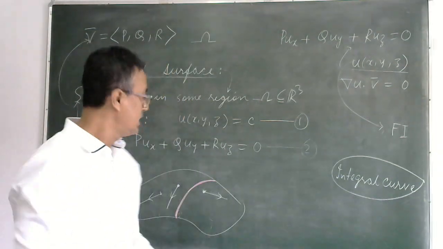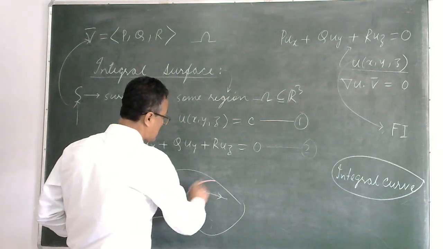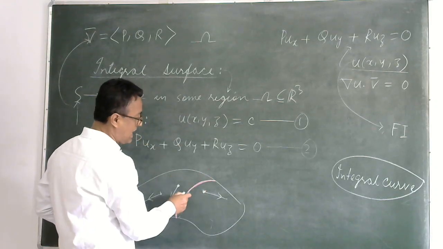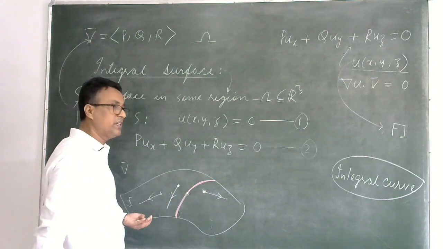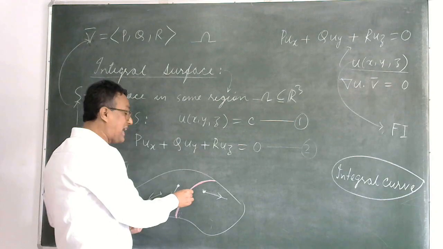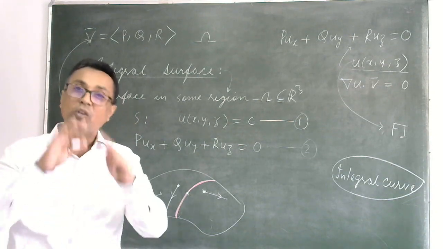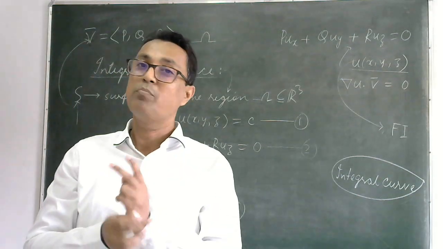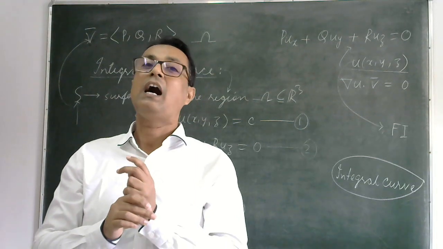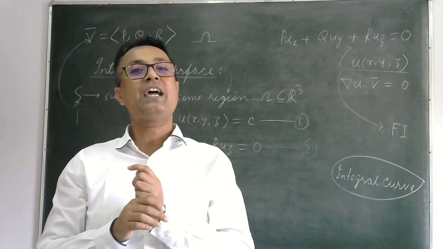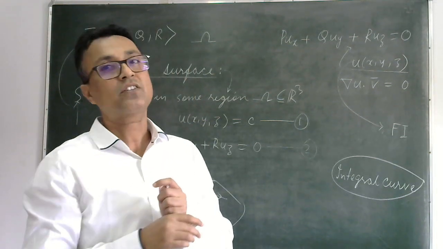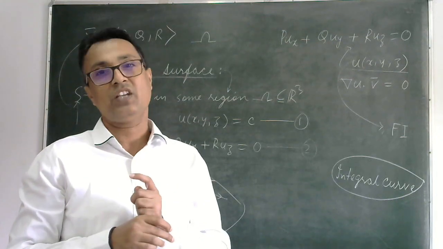Say, suppose this curve is lying here. I am taking a particular point here. At that point, being a point on the integral surface, I must be able to draw the vector v bar as a tangent, right?